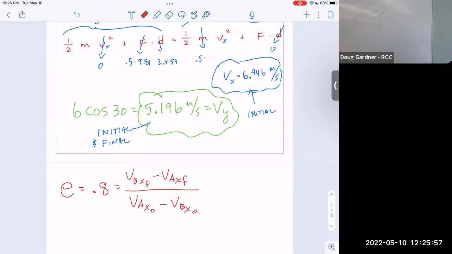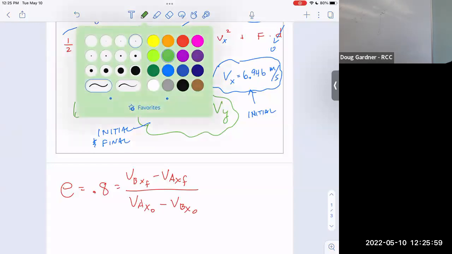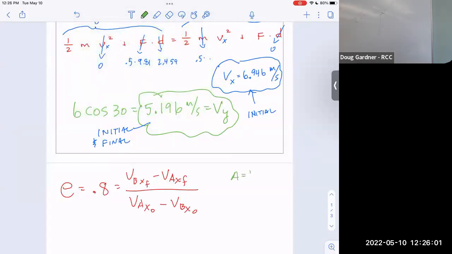Now let's just make a note to ourselves here because this is kind of confusing. This worked where A was the ball, where B is the wall in this case. The one that did the hitting before was the A ball, and the one that got hit was the B ball. Well, here the A ball is the ball, but the B ball is a wall, right? So what's the wall doing this whole time? Standing still.